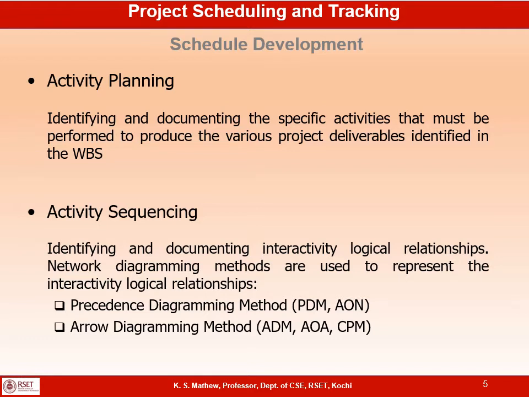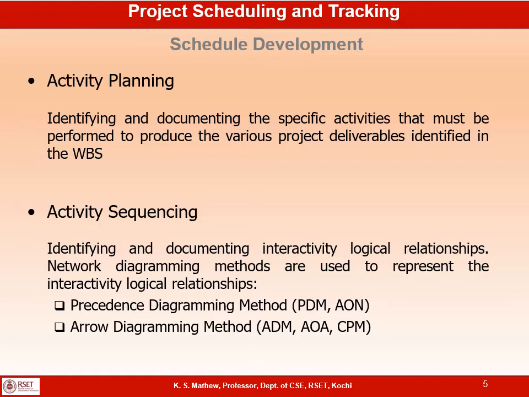The next major activity is activity sequencing. All the activities are not independent. Some of the activities will be dependent on another activity. Output from one activity may be needed to start another activity. So the activities will be related with each other.